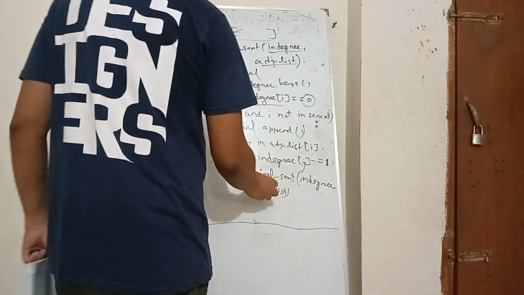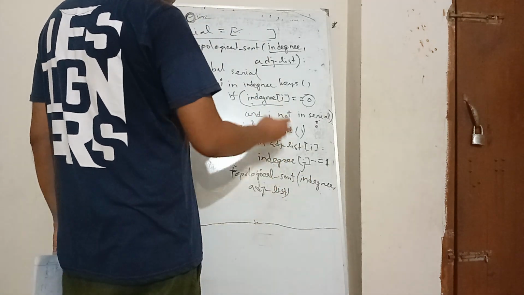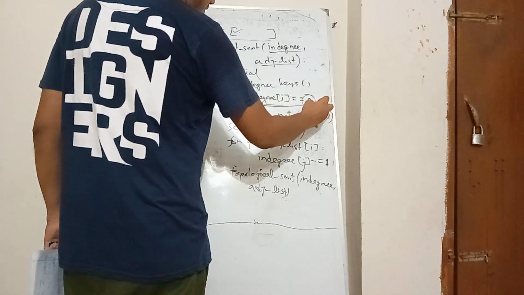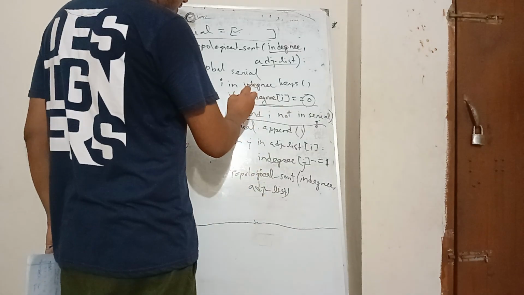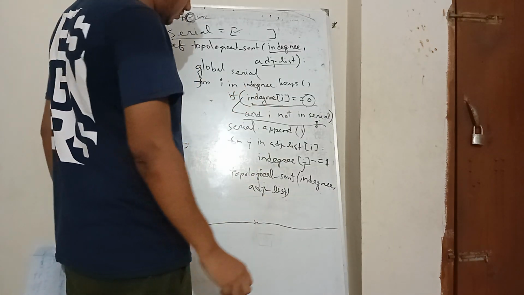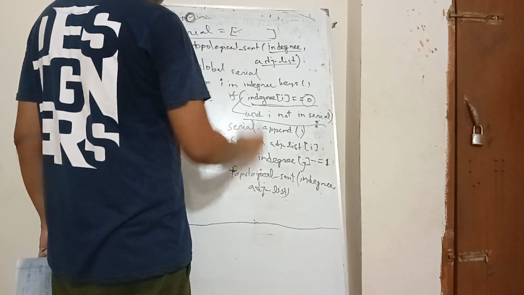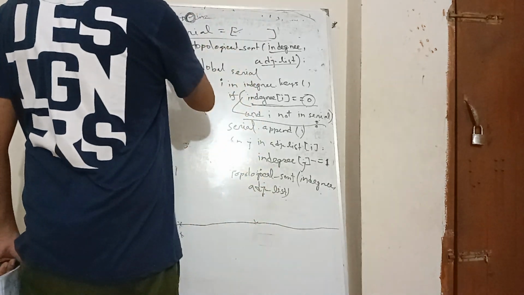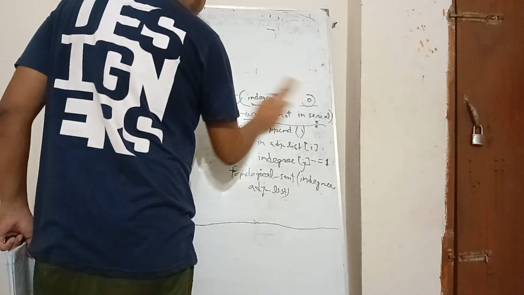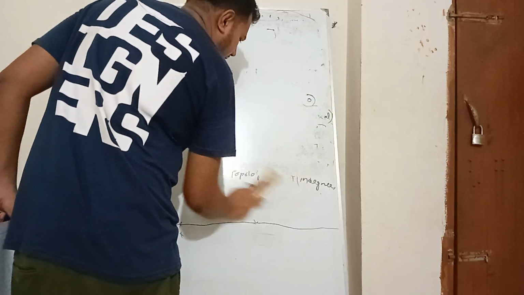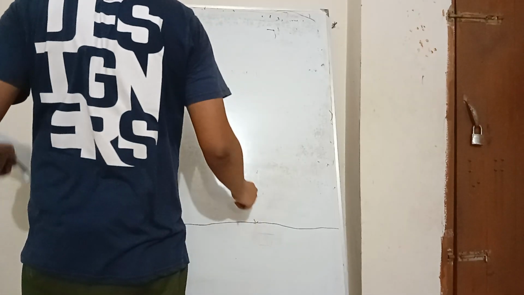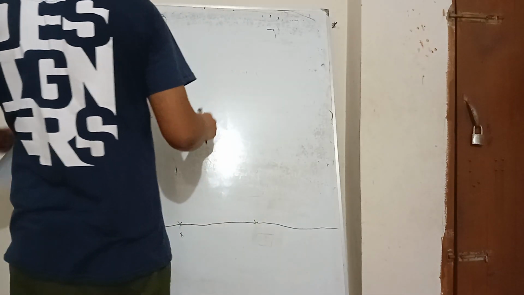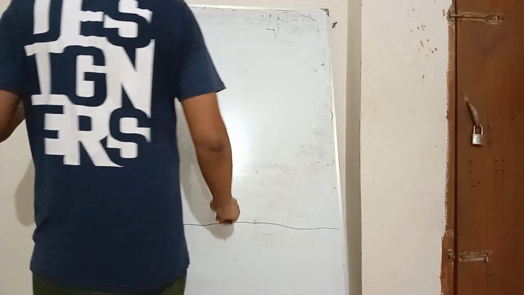This will continue until the base case, in degree i equal 0 and i not in serial, becomes false. So this is our base case of the recursion, when this algorithm stops.